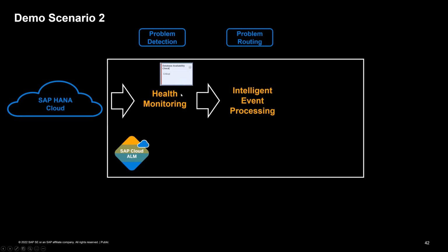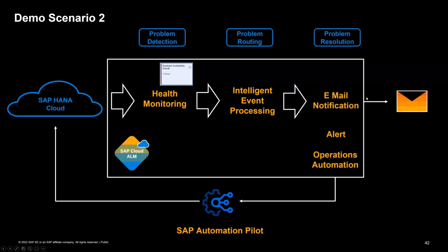And if we detect an anomaly, our health monitoring will trigger an event to intelligent event processing. Intelligent event processing will, in this case, send an email notification. It will create an alert, and it will automatically trigger an operations automation. And here we will trigger an operation flow of type SAP Automation Pilot, which tries to restart the databases.